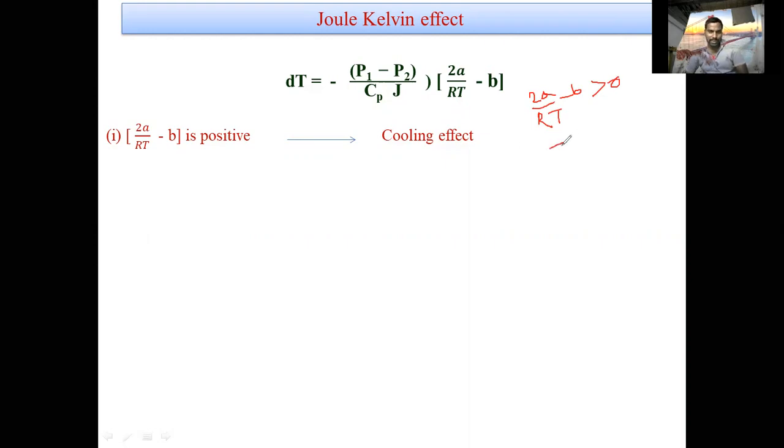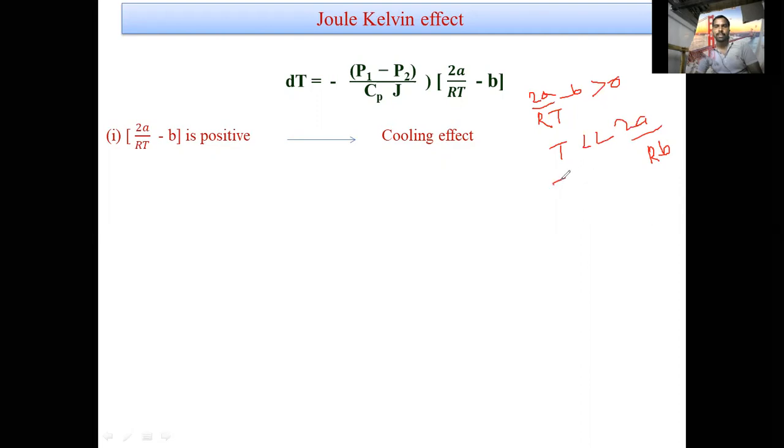That's why T is less than 2A by RB. Suppose 2A by RB is nothing but the inversion temperature. That's why T is very small compared to the inversion temperature. At that time the cooling effect is done.